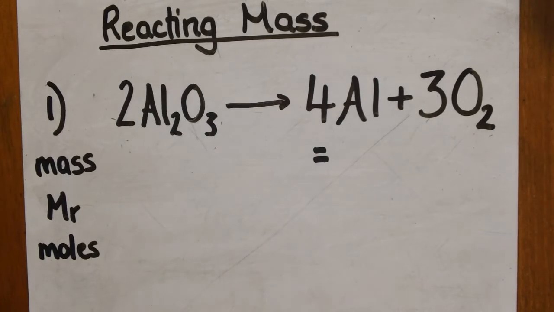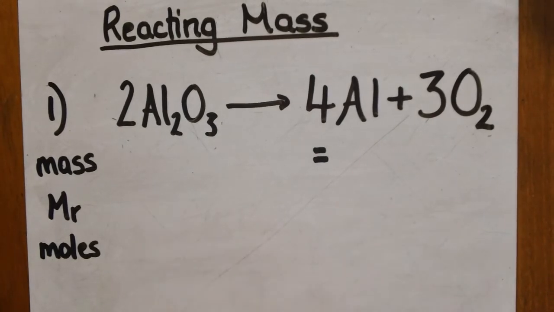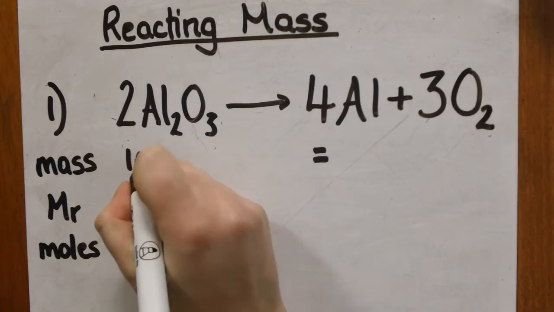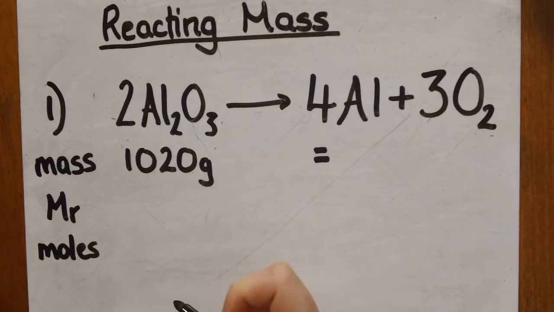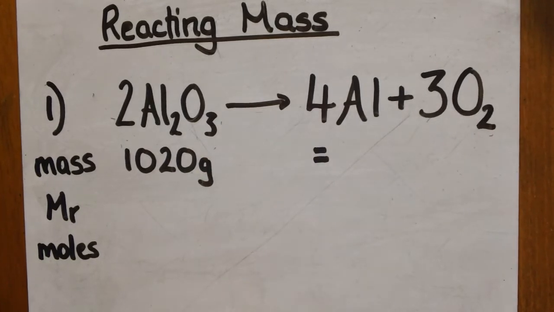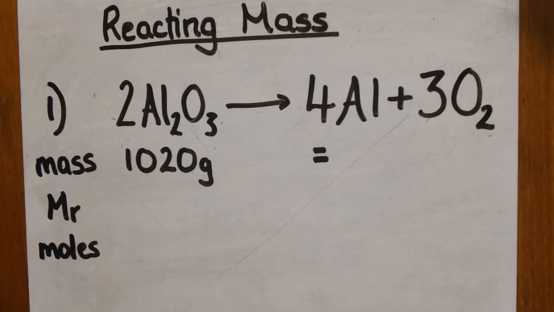Calculate the mass of aluminium that can be formed from 1020 grams of aluminium oxide. So what I'm going to now do is calculate my MR of aluminium oxide.